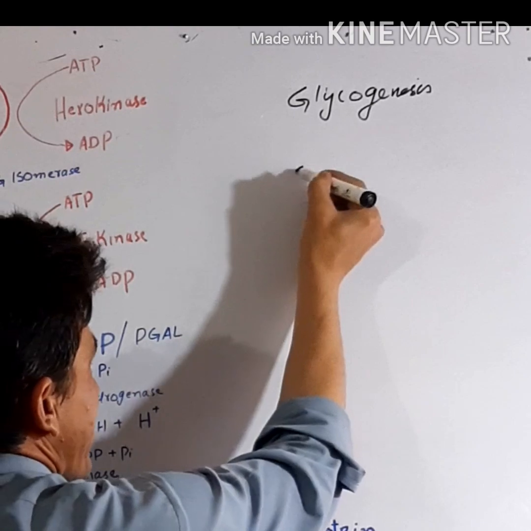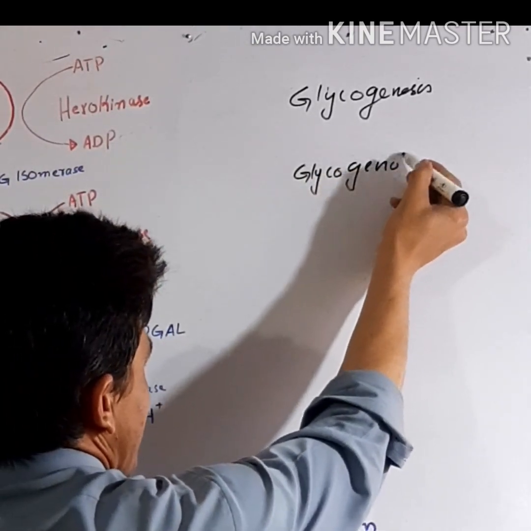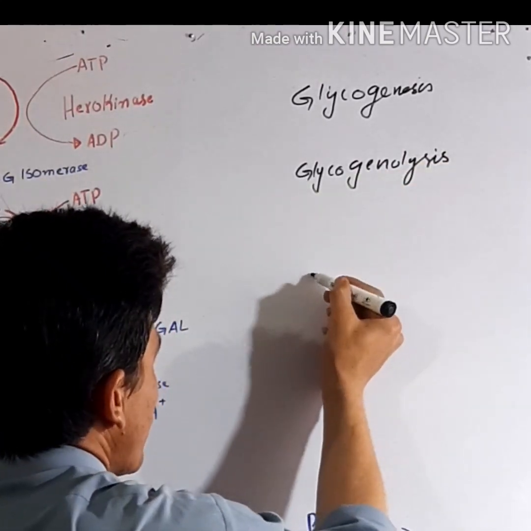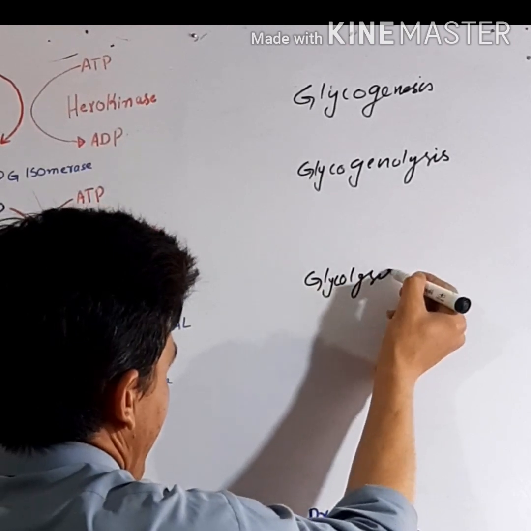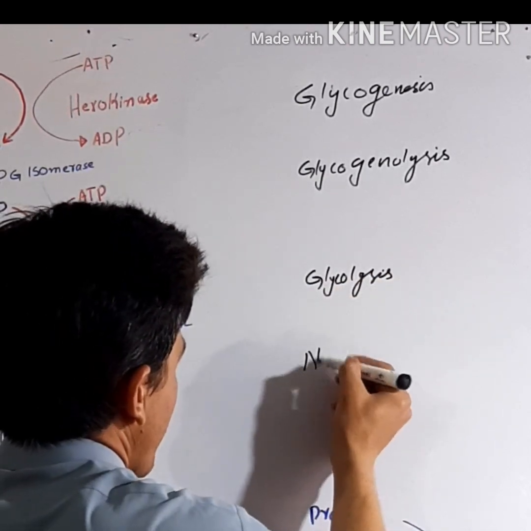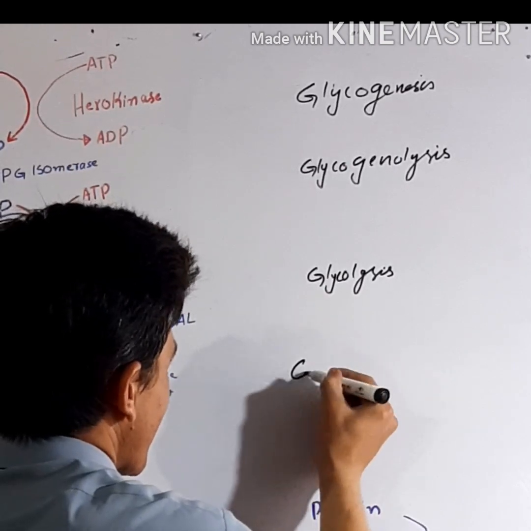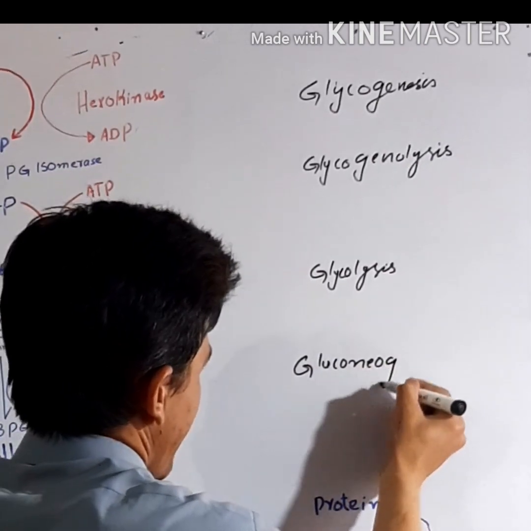The second one is glycogenolysis. The third one is glycolysis. And the fourth one is gluconeogenesis, which we are going to discuss.